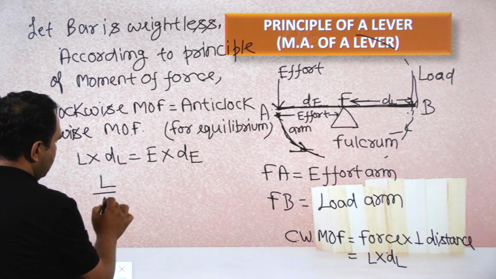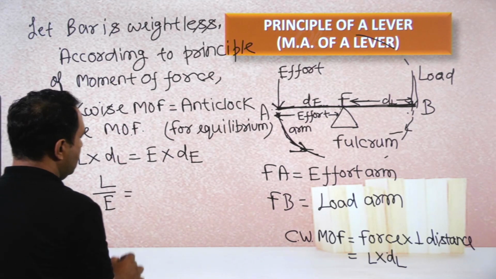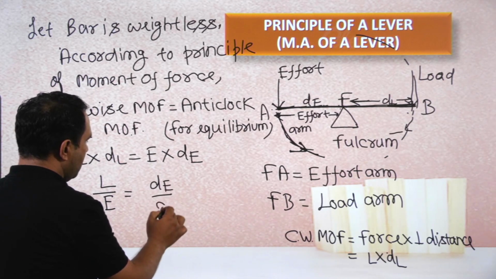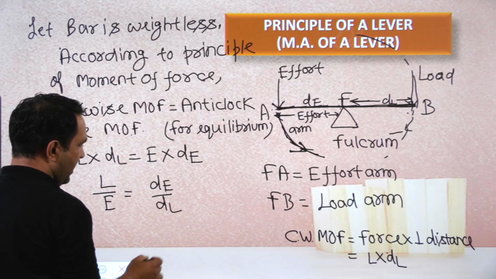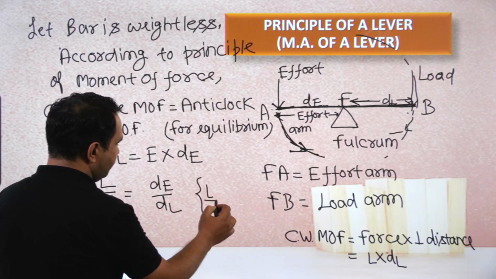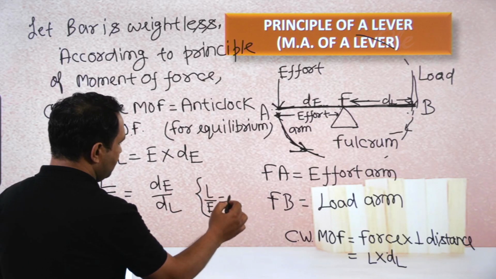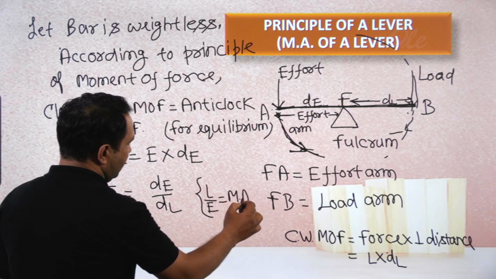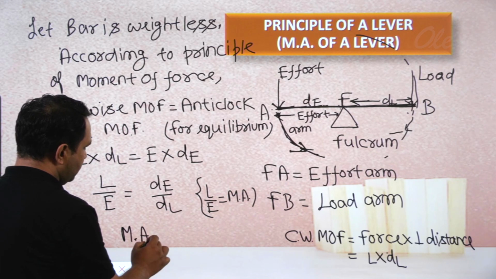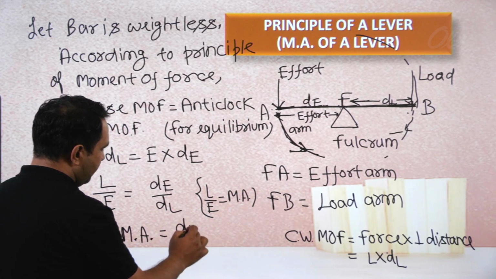So L upon E is equal to dE upon dL, or we can say L upon E is equal to mechanical advantage. Load upon effort is equal to mechanical advantage. So we can write mechanical advantage is equal to dE upon dL.